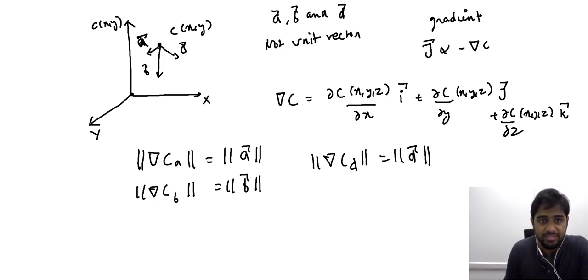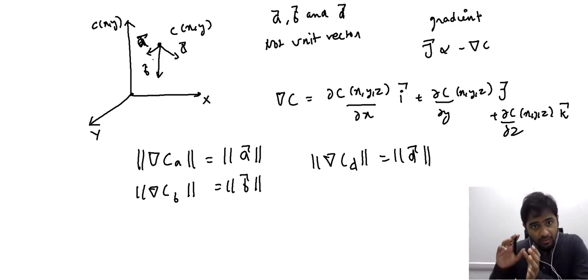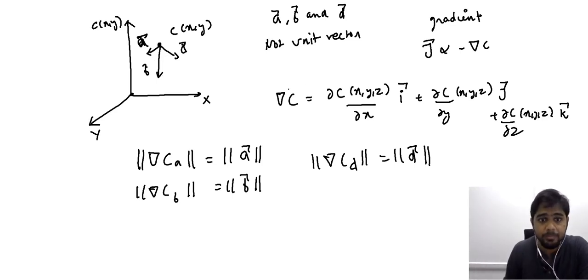So we have considered three different directions, and in three different directions there exists a non-zero gradient for concentration, and the magnitude of these gradients is represented by the length of these vectors. So these three vectors are non-unit vectors, and the length of these non-unit vectors indicates the magnitude of the gradient, the slope of this function along this direction.